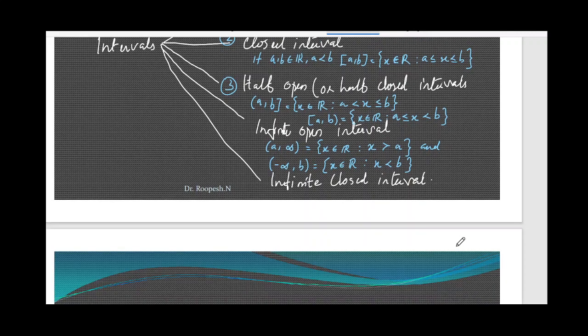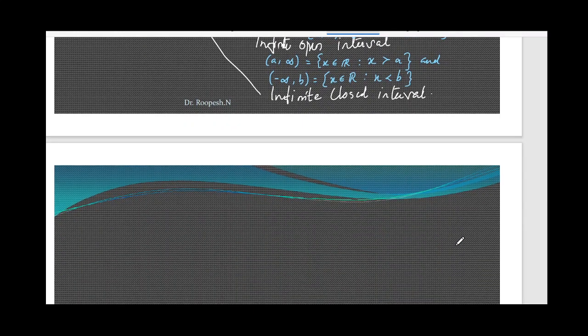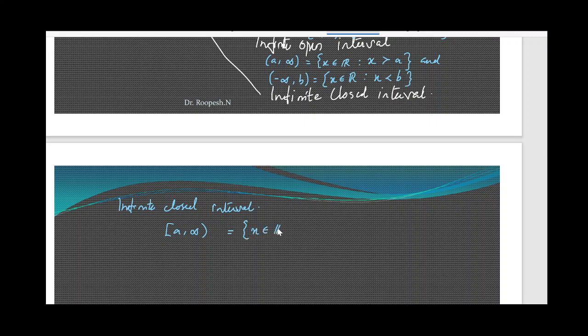Infinite closed interval means we can have the set [A, infinity), equal to the set of all x belonging to R such that x is greater than or equal to A, right?